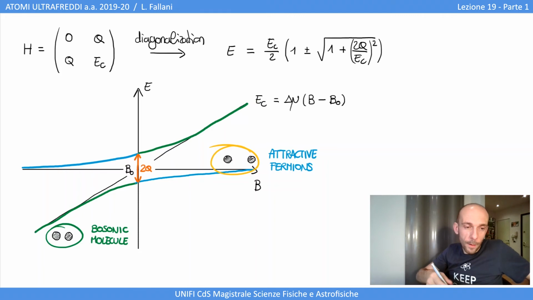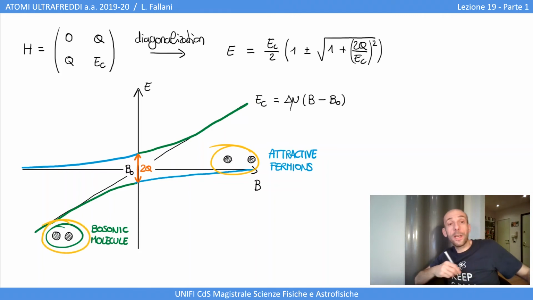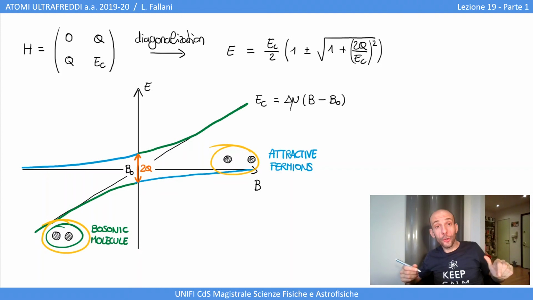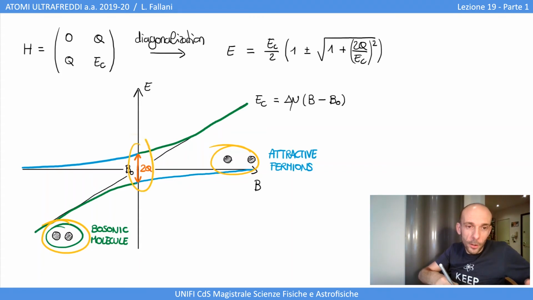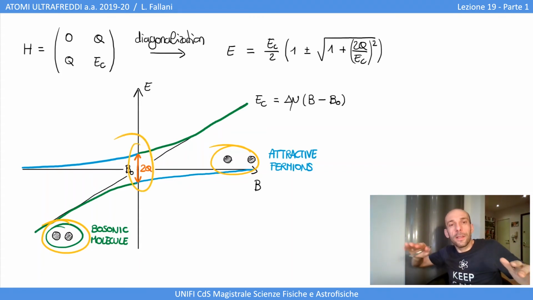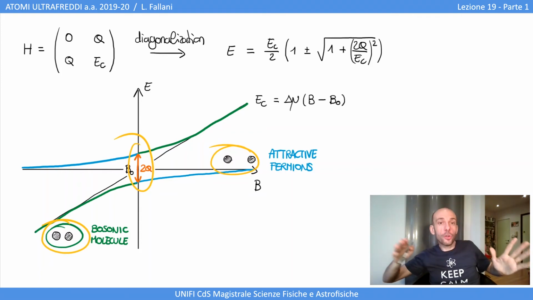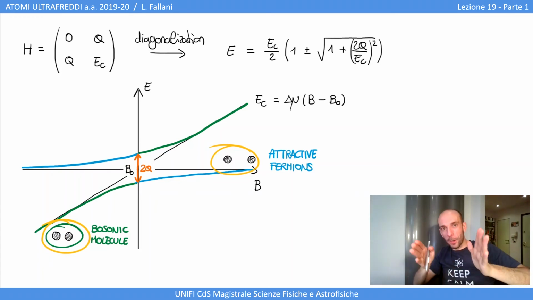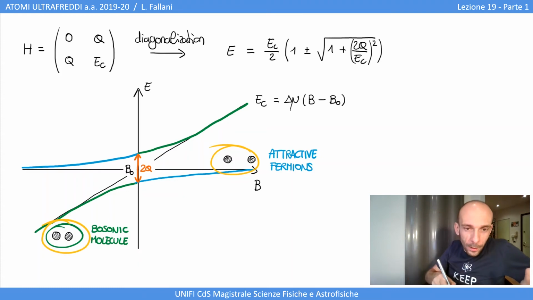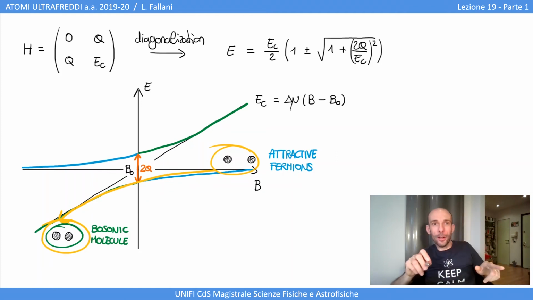So when it is smaller than B0, now the bound state in the closed channel has a lower energy. But the two channels are coupled, and so when their energies cross, you have an avoided crossing, and so basically in this lower branch, you have a continuous change in the character of the low energy solution that interpolates from the scattering atoms in the open channel down to the molecule in the closed channel.